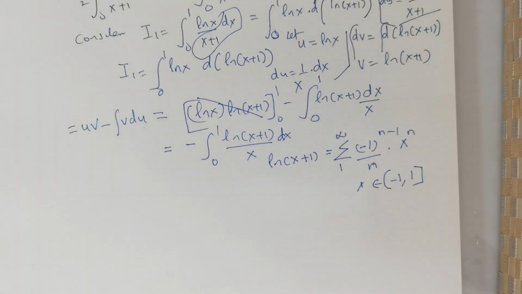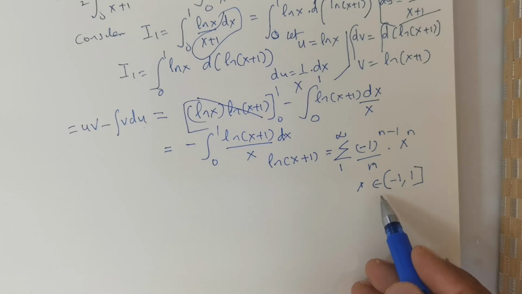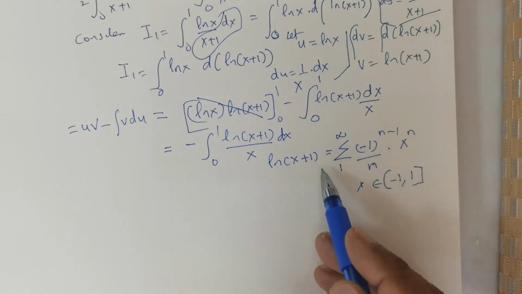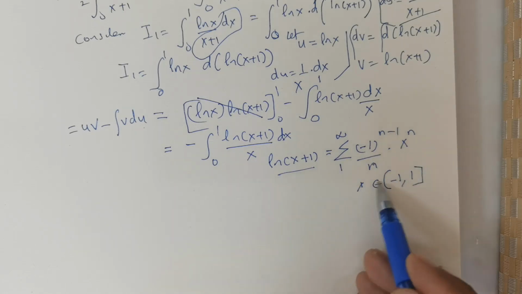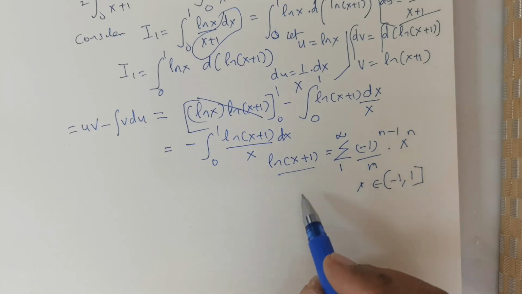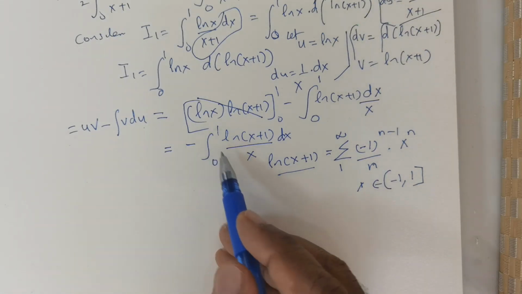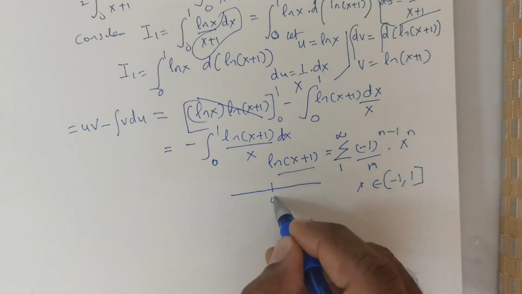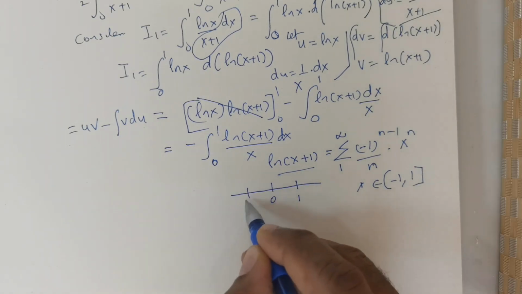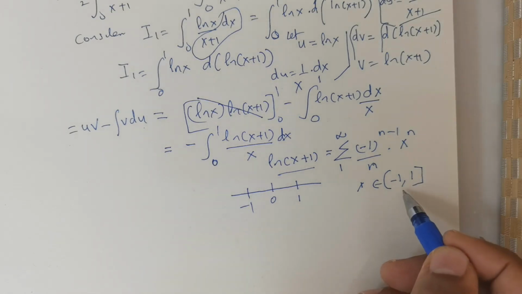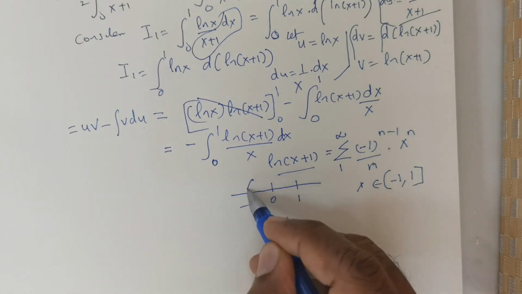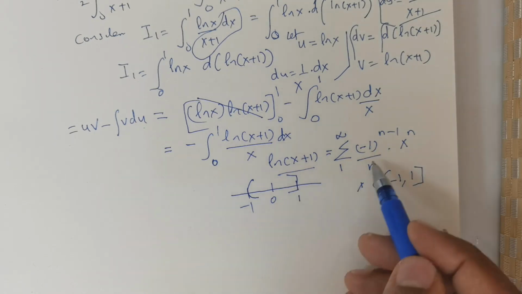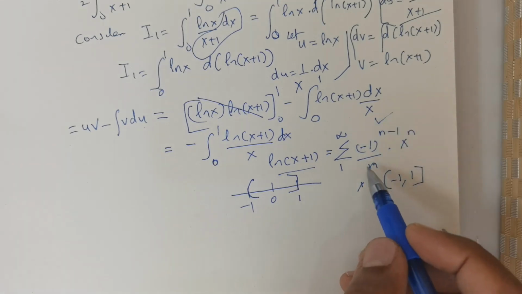So for all values that are existing in this, I can very well use the representation as this. Now the limits are 0 to 1, right? So if you were to draw the number line, this is 0, this is 1, this is -1, and this covers everything between -1 to 1 closed. So we can very well use this representation.